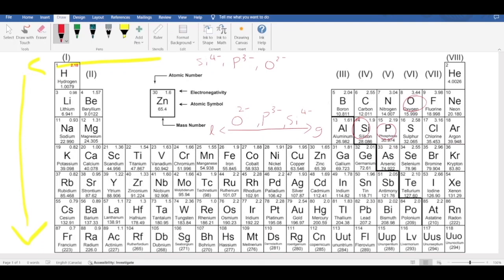Metalloids exemplify both characteristics of a metal and a non-metal. Silicon, because it's more on the right side of this staircase, should exemplify more non-metal characteristics. Hence why a 4- is written here. However, the way it behaves in nature is not as so.